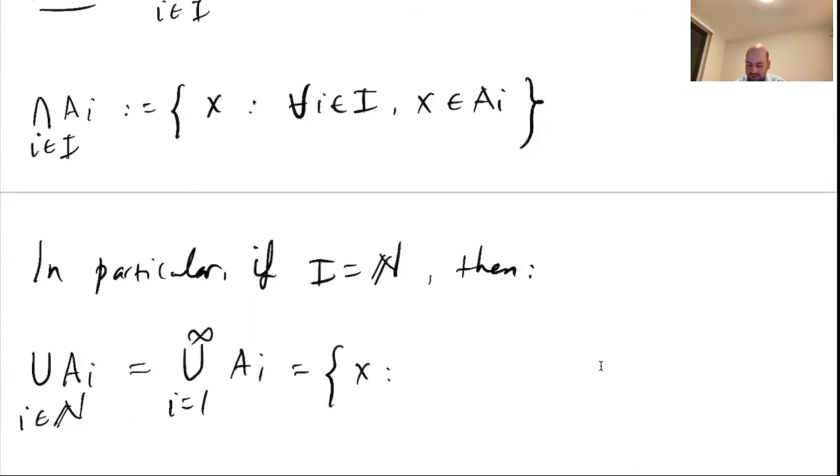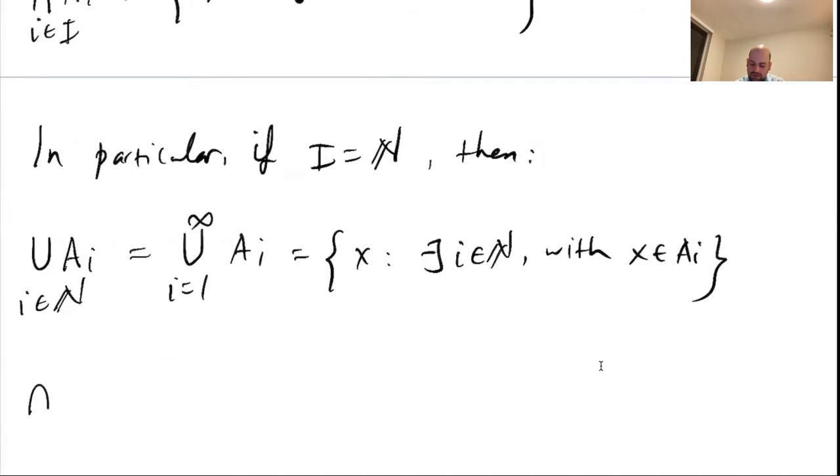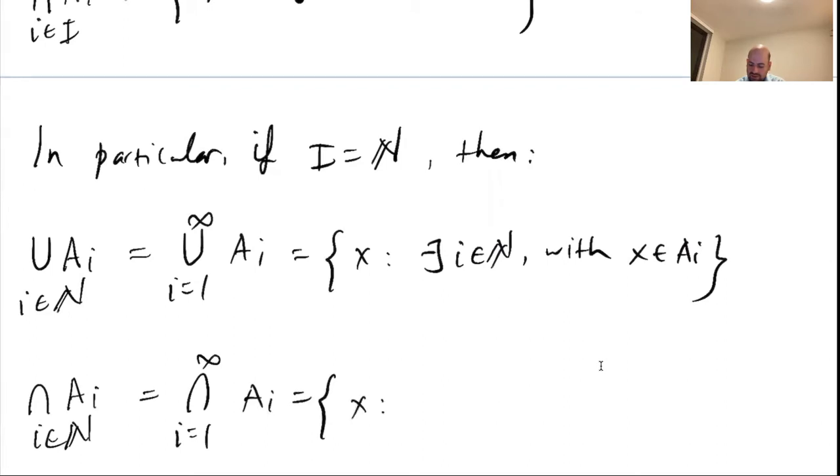This is the set of all elements X such that there exists I in N with X belongs to AI. And the intersection of AI, I belongs to N, is also denoted with the intersection from I equals 1 to infinity of AI. We define that as the set of all elements X where for every I in N, X belongs to AI.